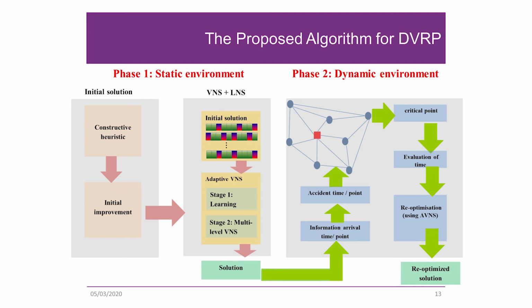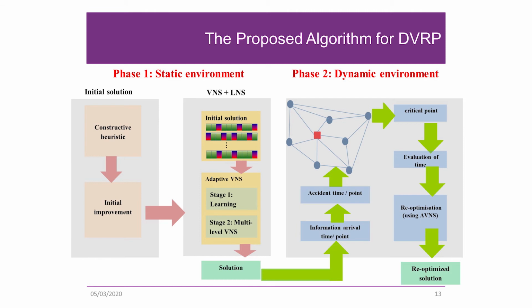We also use the proposed algorithm to solve the third variant, that is the dynamic VRP. So we got the solution from phase one, that is the static environment. Assume that nothing happened, then we generate the solution using the AVNS here.